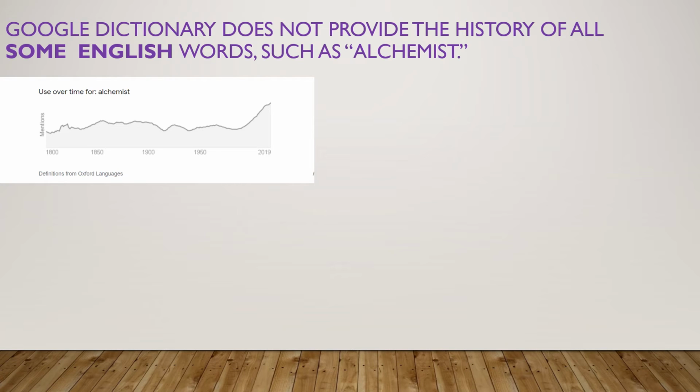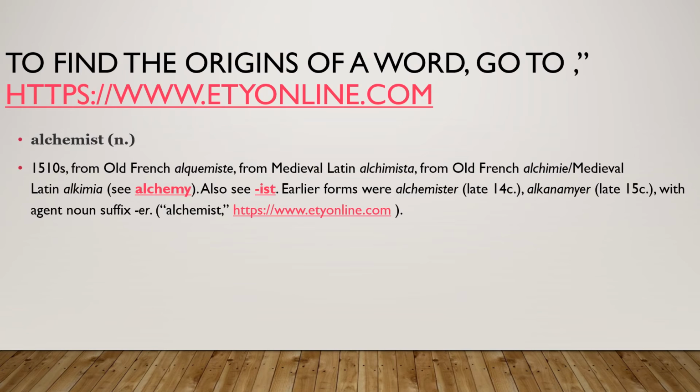You may need to use an online etymology dictionary such as OED.com, Online Etymology Dictionary, to discover the history of a particular word such as alchemist. On etymonline.com, students will find the languages which a word came from.